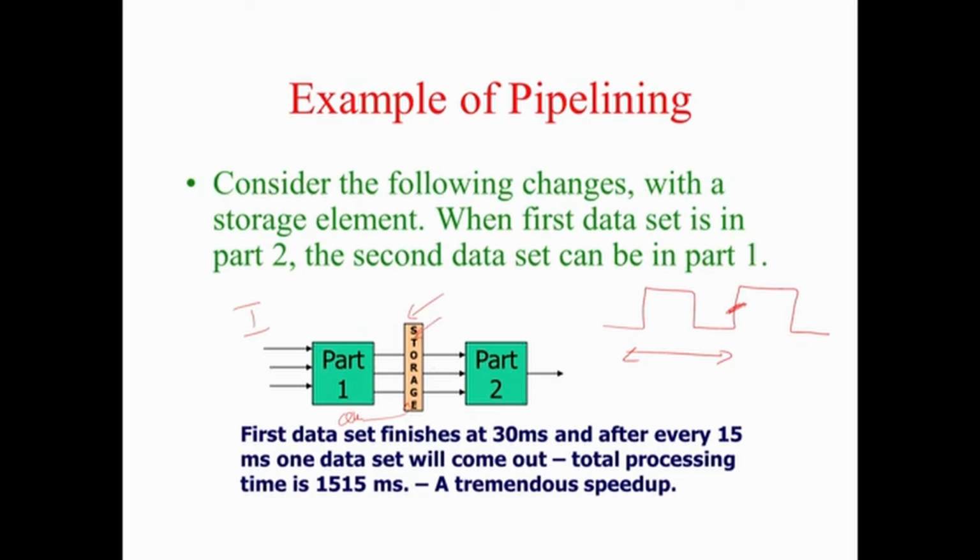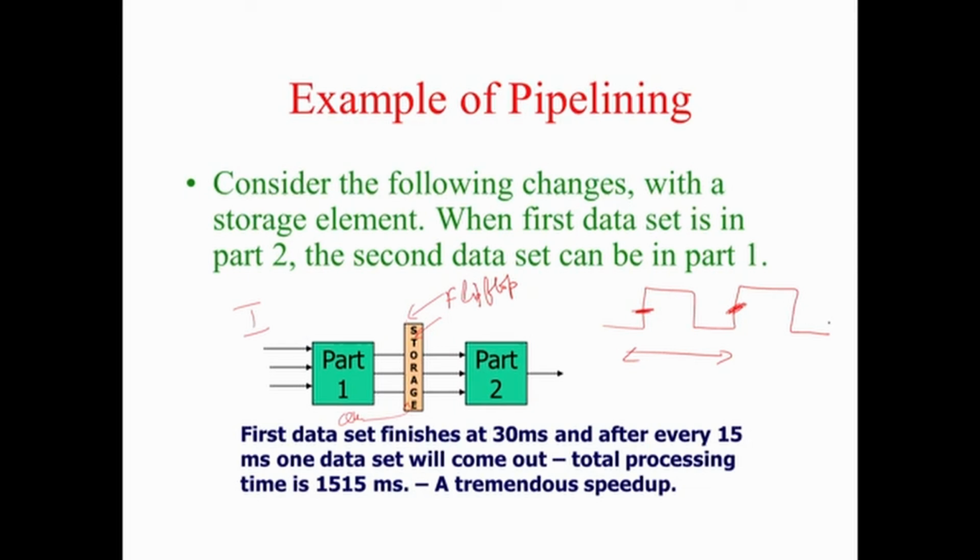Please note that this is a flip flop. So what is a flip flop? The content of it will change only at the positive edge of the clock or negative edge of the clock. Let us assume it is positive edge. So at this particular clock edge, the first set of data enters, it gets processed in part 1. At the end of this, when the next clock pulse comes, that processed result is stored here. Is it okay?